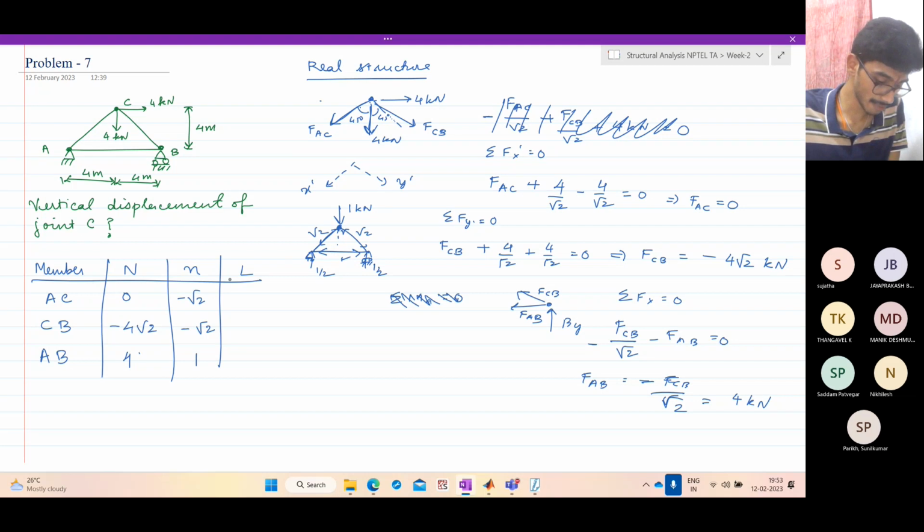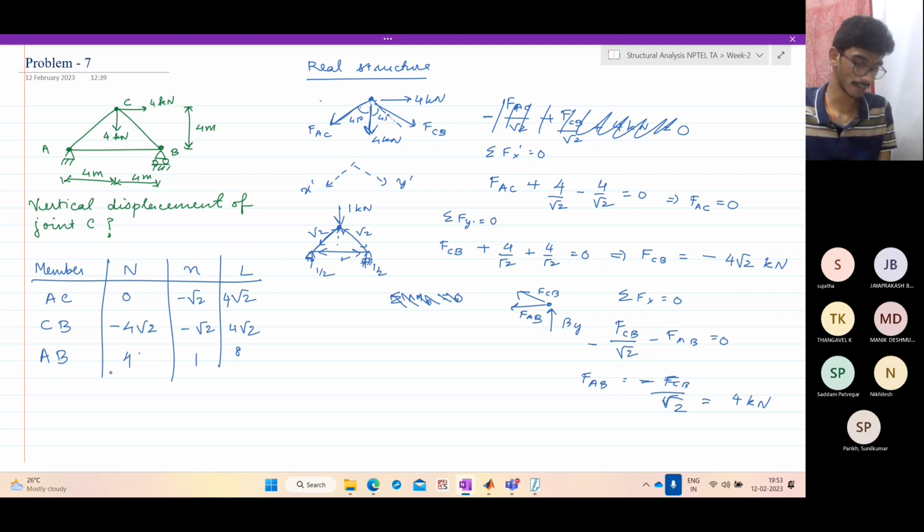And what is the length of these members? AC is 4 root 2. CB is 4 root 2. And AB is 8. So what is the answer? Let's find. So 1 acting on delta, and 1 is in kilonewtons.